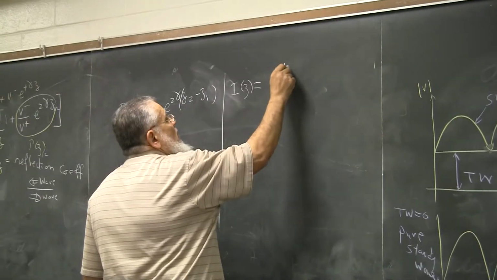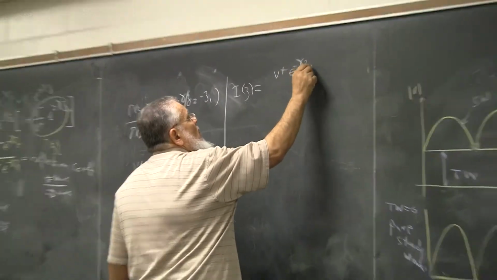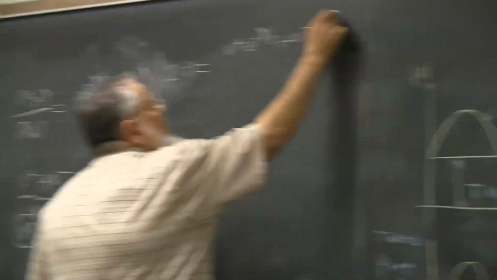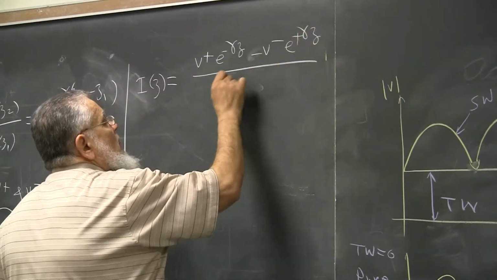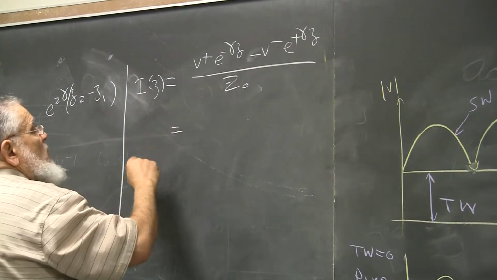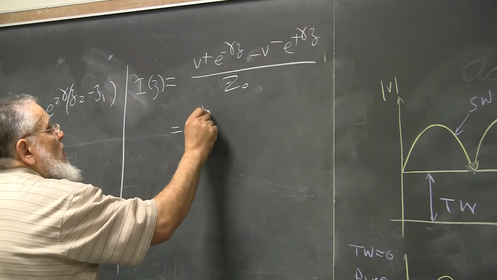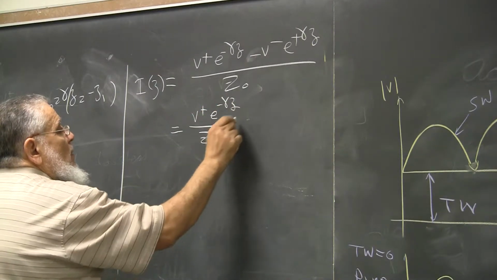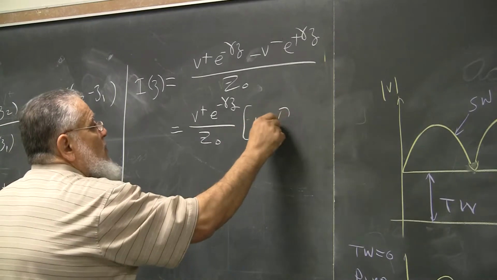That's V plus e to the minus gamma Z minus V minus e to the plus gamma Z over Z naught. So I do the same thing. So it becomes V plus e to the minus gamma Z over Z naught times 1 minus gamma of Z.